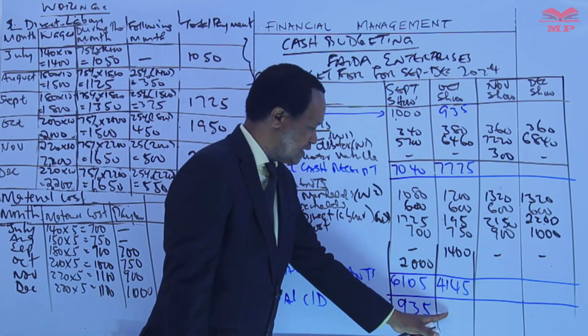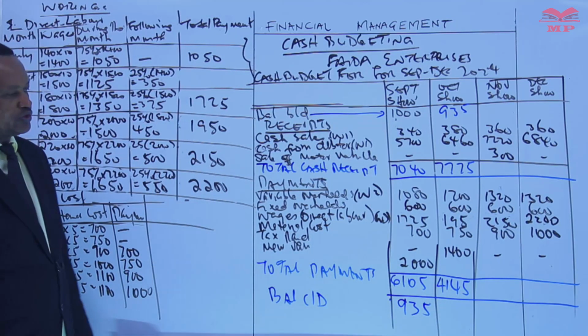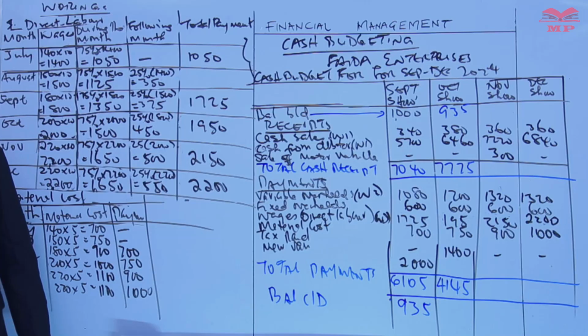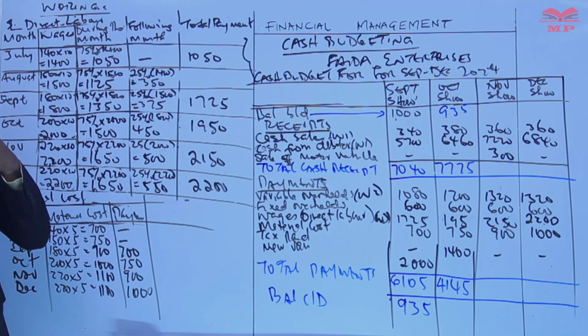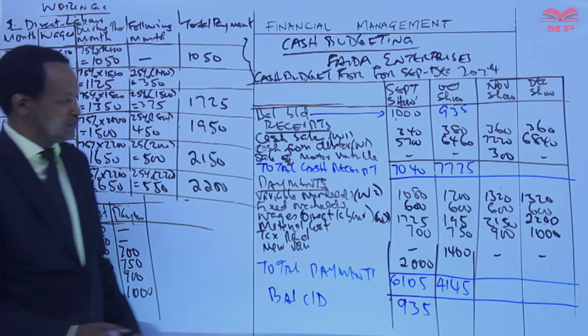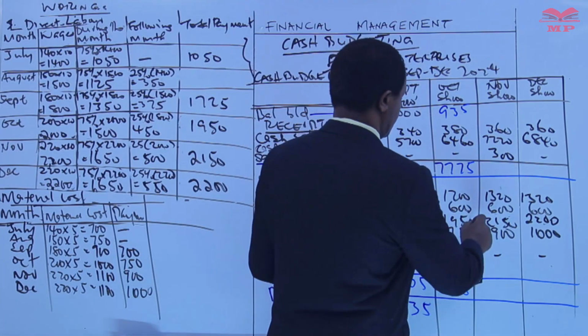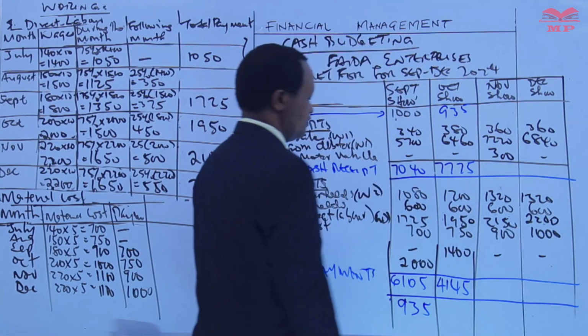Give me the balance carried down at the end of October. The difference is the balance at the end of October, which becomes the balance brought down during the month of November. What's the difference? 1950.